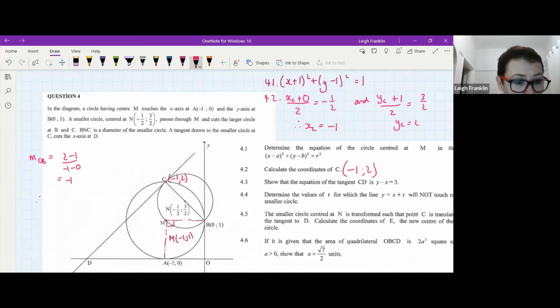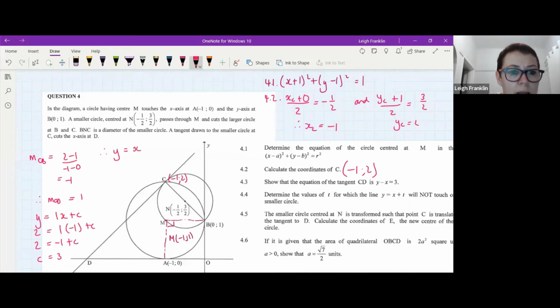Okay, therefore the gradient of CD is going to be equal to 1, and line CD goes through point C. So subbing into y equals mx plus c, 2 equals 1 times -1 plus c. So 2 equals -1 plus c, add 1, so c is equal to 3. All right, so therefore y equals 1x plus 3, which means taking the x over to the other side, we would end up with exactly what they gave us. Does that make sense to everyone?